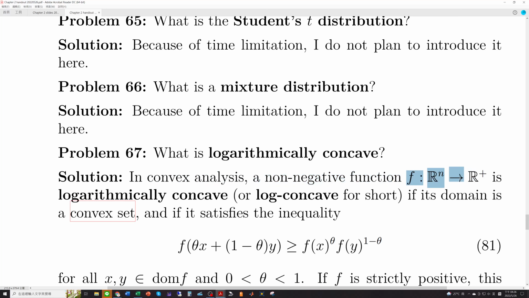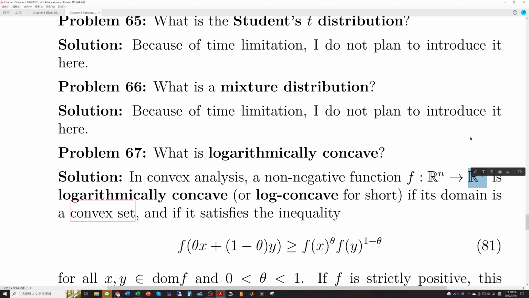Do you remember what this means? It means there is a function. The name of the function is f, the domain of the function f is Rn, and the range of the function f is R plus. What is Rn? It is the n-dimensional real vector space.